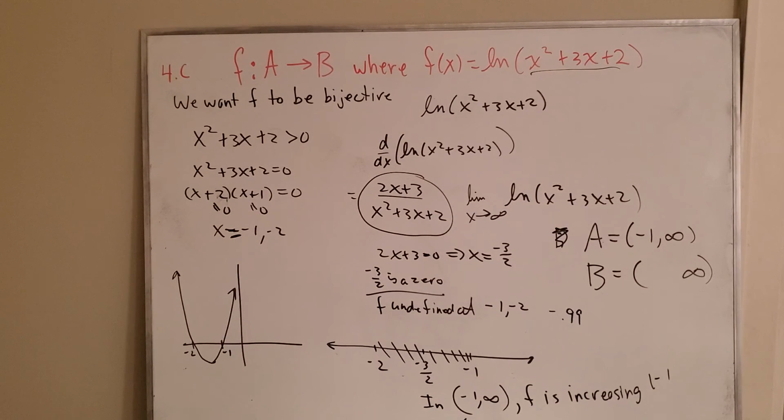Now I got about 9 or 10 zeros, and I got negative 23.